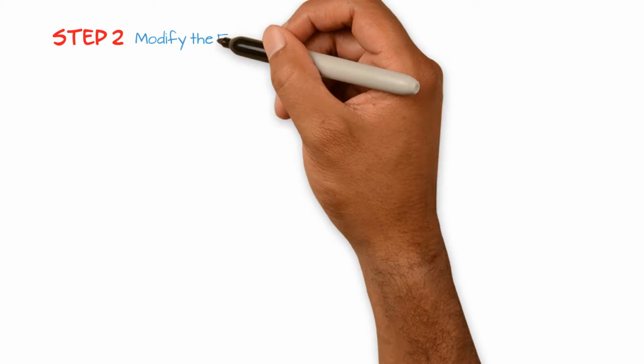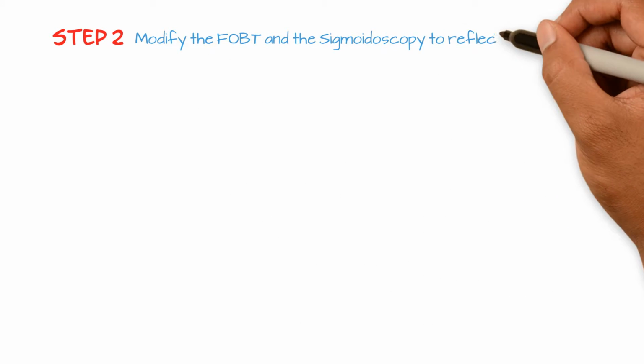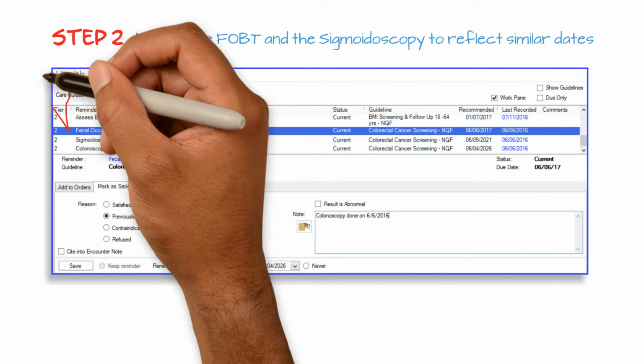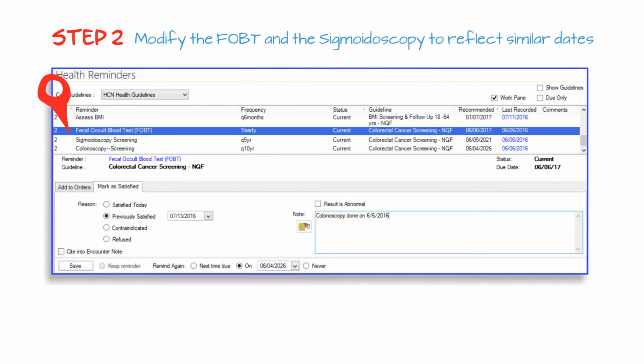Secondly, you will now need to modify the FOBT and sigmoidoscopy reminder to reflect a similar date. To complete, select the test and click on the previously satisfied radio button and enter the same date as when the colonoscopy was completed.